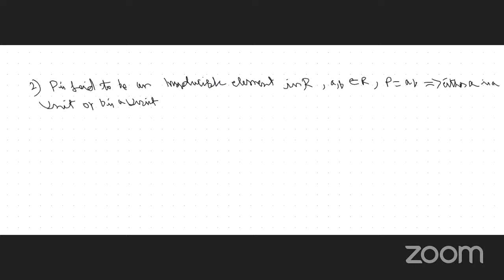In other words, P is called irreducible if P cannot be written as a product of two non-units in R.